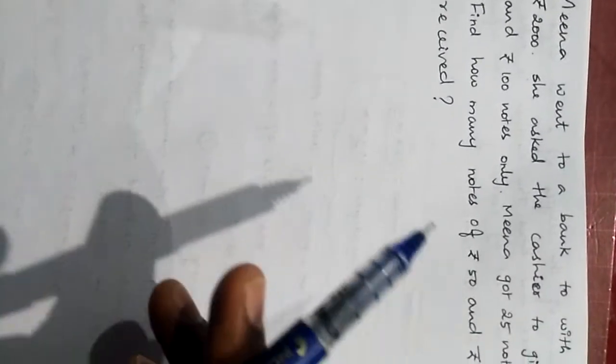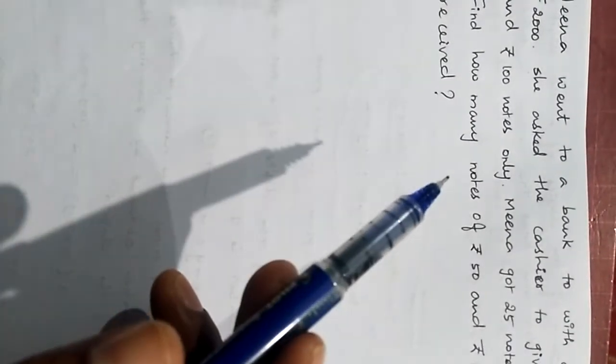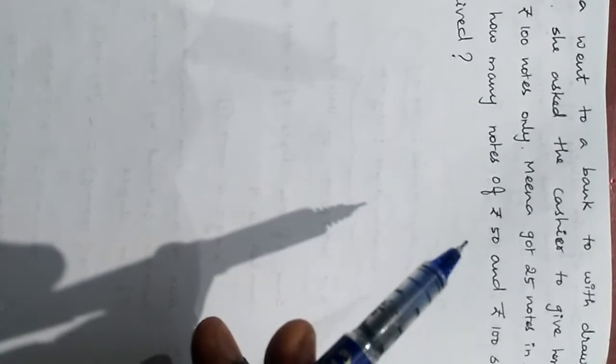Then we have to find out how many notes of rupees 50 and rupees 100 she received. In the 25 notes, how many are 50 rupees notes and how many are 100 rupees notes, that we have to find out.